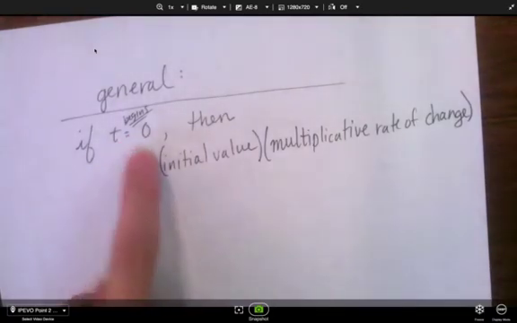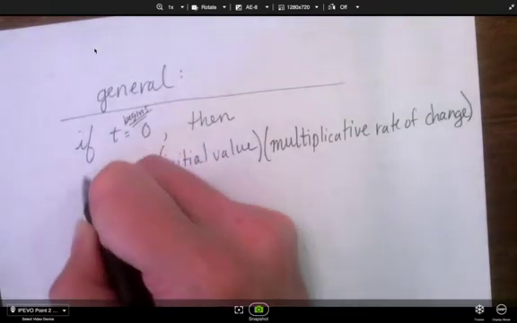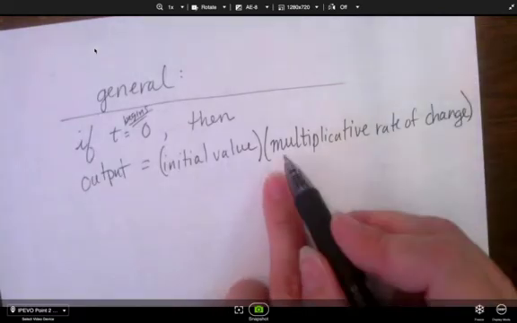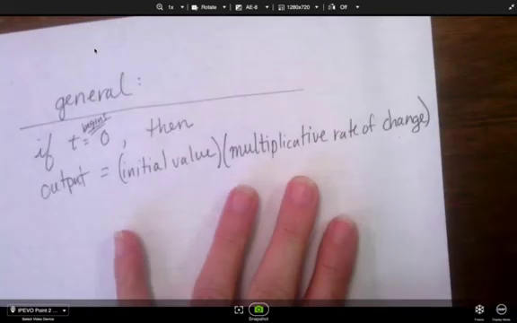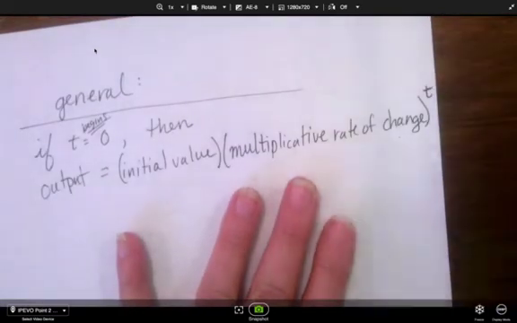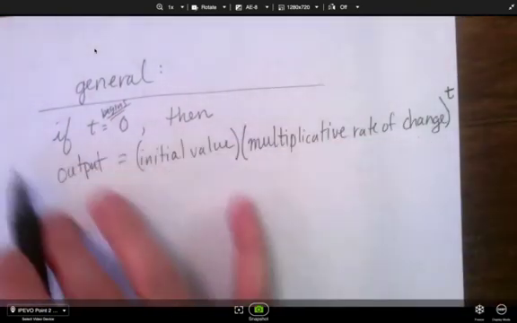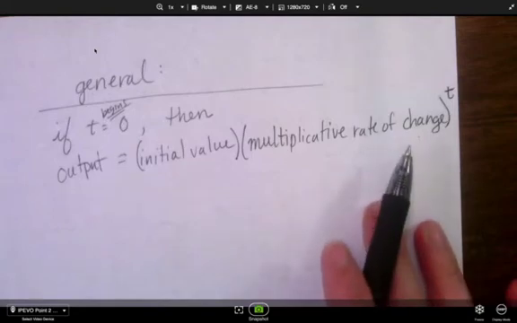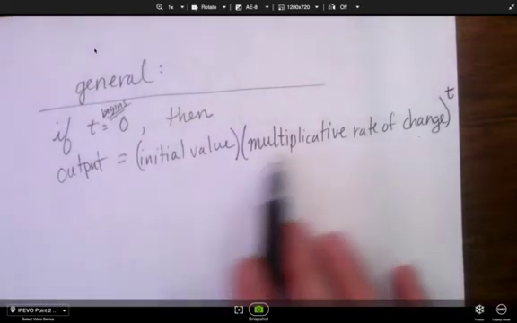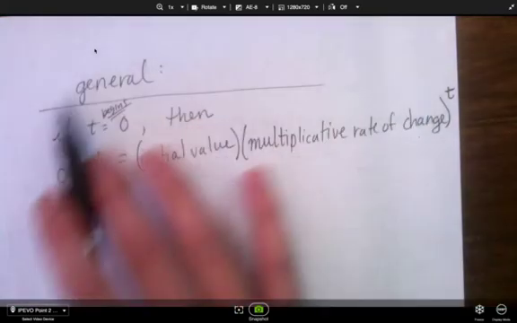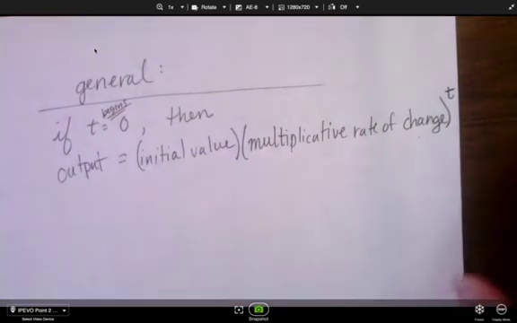So if t begins at 0, and we start building this change, we're going to say that our output is our initial value times our multiplicative rate of change raised to the t. Okay. So you can sort of use this as a guide for what we're going to be doing in class tomorrow. So we're going to start thinking about exponential functions, and then we're going to be using logs to solve them. So this is a good way to think about how am I going to write these functions from context.